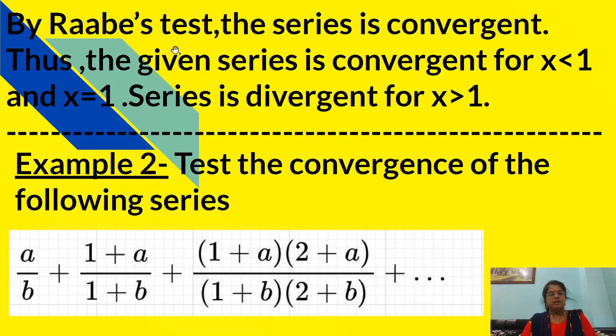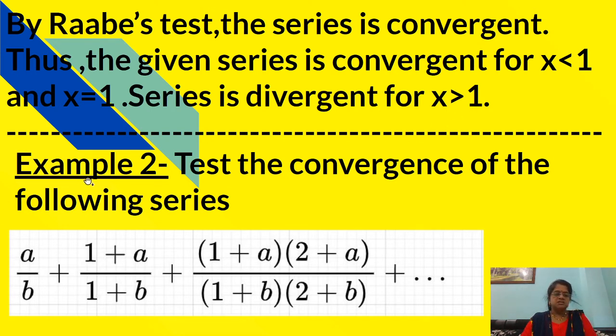Therefore by Raabe's test the series is convergent, and thus the given series is convergent for x less than 1 and for x equal to 1, and the series is divergent for x greater than 1.